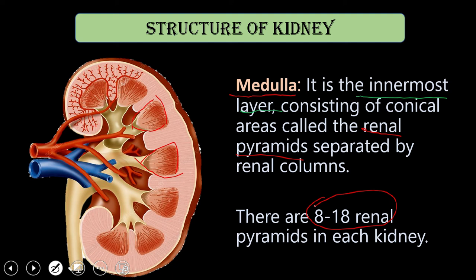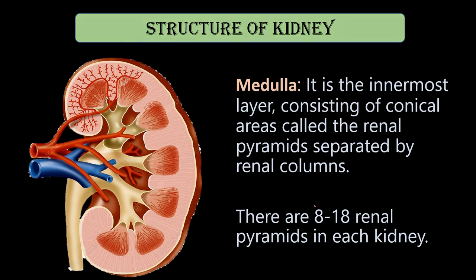The medullary pyramids mostly consist of the loop of Henle and the collecting duct of the nephron. So PCT, DCT and Malpighian body are in the cortex, while the loop of Henle and collecting duct are present in the medullary pyramids.